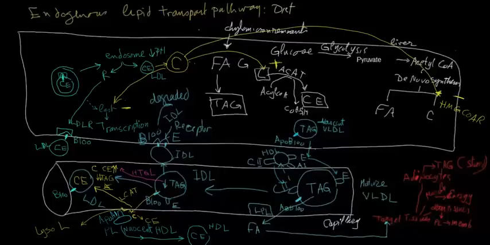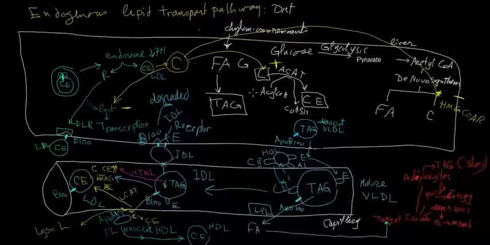Cholesterol ester is stored. It doesn't take part in the cell membrane. So this is one way to control the role of cholesterol in determining the fluidity of the cell. We don't want cholesterol to perform this function in an aggressive way.